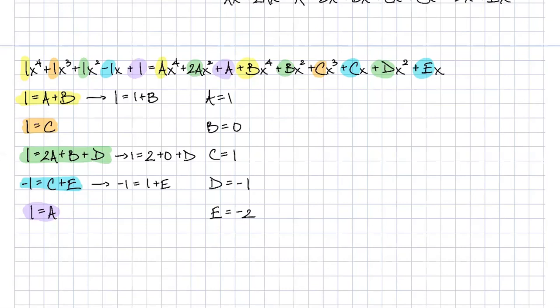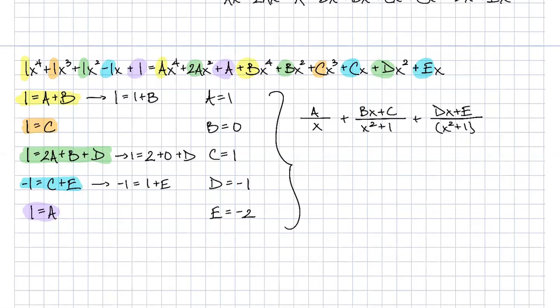So let's take all of these coefficients and plug them back into our setup. Our setup was A over X plus BX plus C over X squared plus 1 plus DX plus E over X squared plus 1 squared.